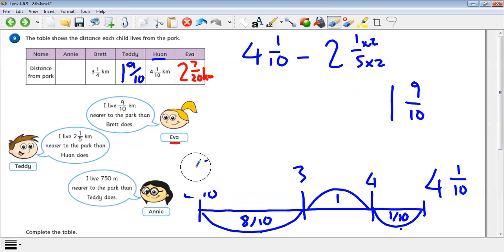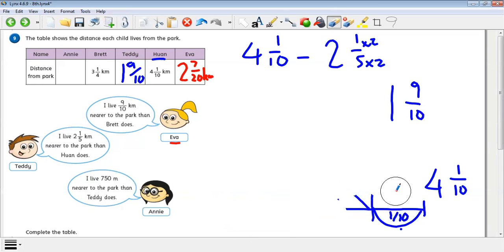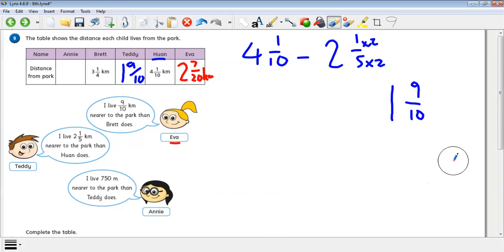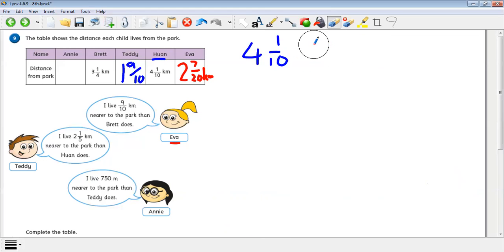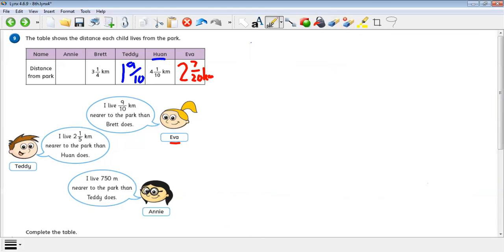So there's a couple of things here that make hers a little bit different. So she hasn't really represented her distance as a fraction. And we're relying on the fact that we've actually got Teddy's correct as well, because her distance is comparative to Teddy. So we're basically doing 1 9/10 take away whatever this is as a fraction. So the easiest way of doing this would probably, a kilometre's out of 1,000.